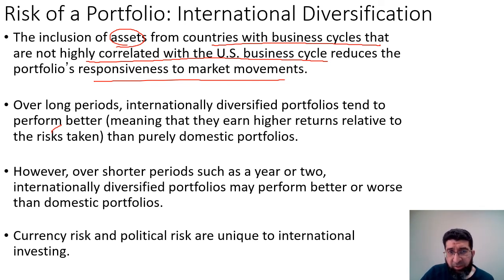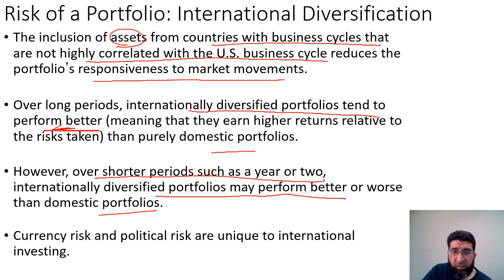Over long periods, internationally diversified portfolios tend to perform better, as research tells us, compared to domestic portfolios. Also, we know that over shorter periods such as a year or two, internationally diversified portfolios may perform better or worse than domestic portfolios. So these are the outcomes of research. Currency risk and political risk are unique to international investing. Obviously, they have to be taken into account.